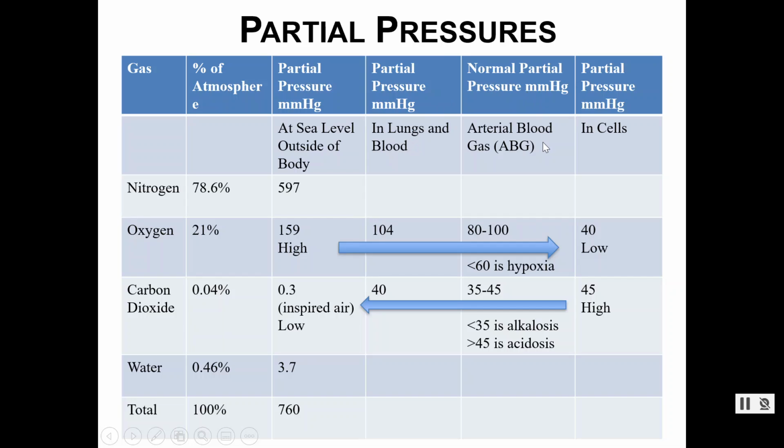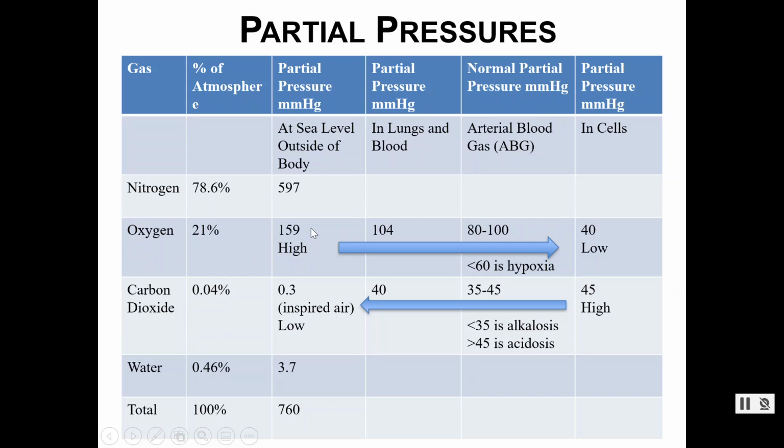And then we're going to move to the partial pressure of your arterial blood gas, ABG. So what is floating around in your blood, in your arteries. And then we're going to move to the partial pressure in your cells. So we're going from outside of your body to your lungs and the pulmonary capillaries, to your arteries, into your cells. So let's trace oxygen.